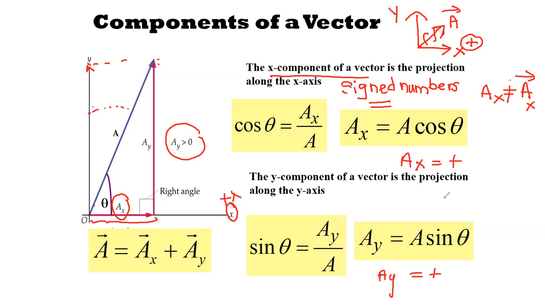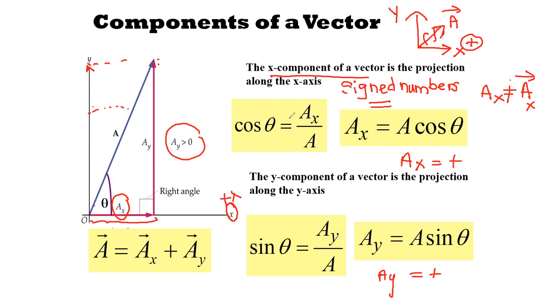Now, how can I figure out mathematically how long that is? For that, I am going to use my definitions. I have a right triangle. Cosine theta I define as the adjacent length AX over the hypotenuse A. This is my cosine relation.